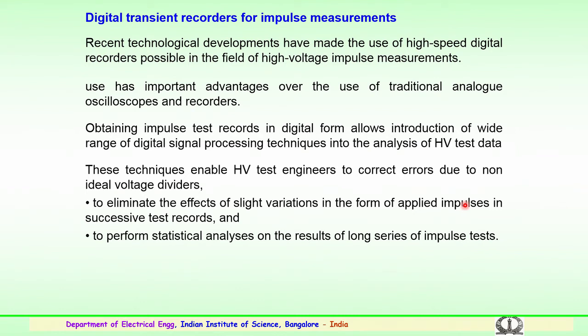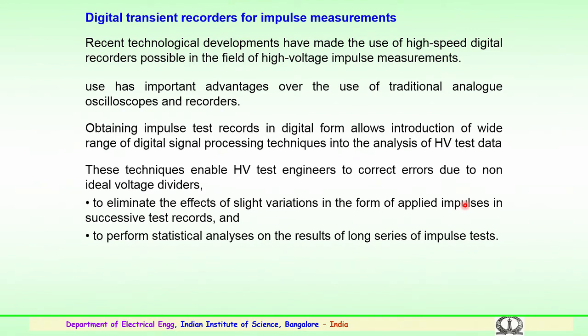An important advantage over traditional analog oscilloscopes or recorders is that impulse test records are obtained in digital form, and this allows introduction of a wide range of digital signal processing techniques into the analysis of high voltage data being collected.